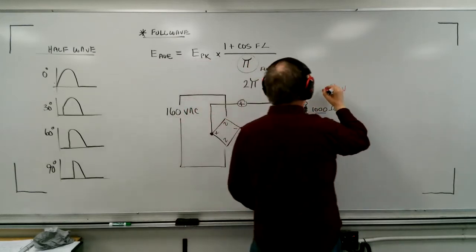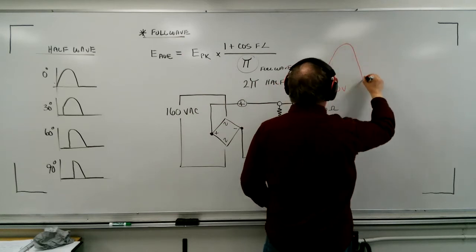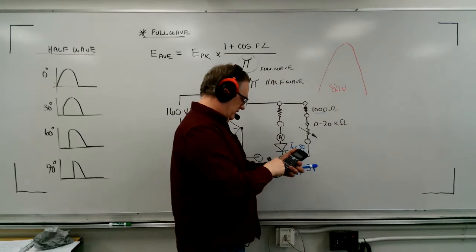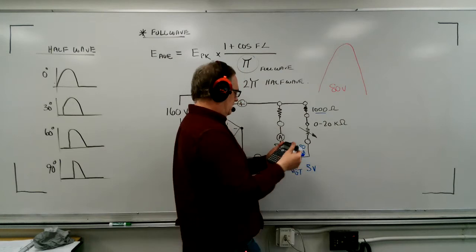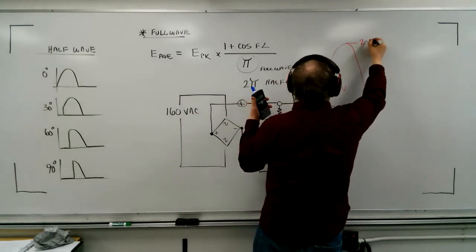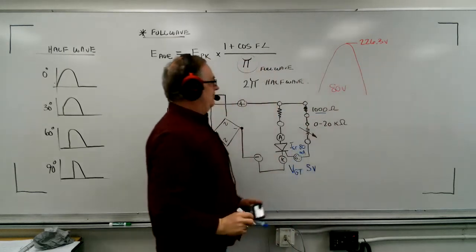So remember, the waveform's going like this. The waveform's going up, and it's going to go down. How high is it going to be at the peak? Well, it'll be 160 times, this peak up here will be 226.3 volts. That's the highest point.